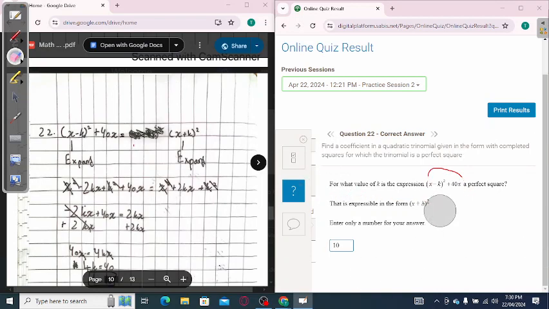Now, recall in perfect squares, they're remarkable identities. They even gave you the perfect square itself, because there are two perfect squares. There is a plus b squared, and there is a minus b squared.